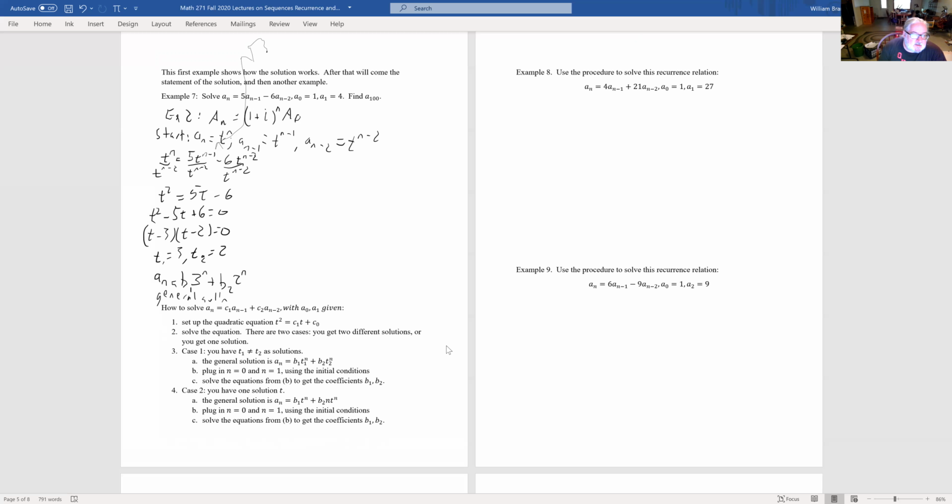So what are B1 and B2? Well, if we have a_0, we know on the one hand that's 1. On the other hand, if I plug n equals 0 into the general solution, I get B1 times 3 to the 0, and 3 to the 0 is just 1, plus B2 times 2 to the 0.